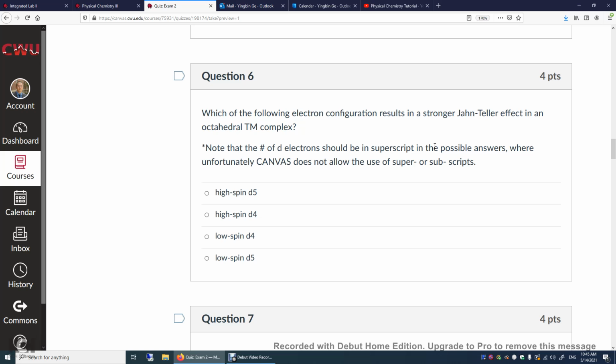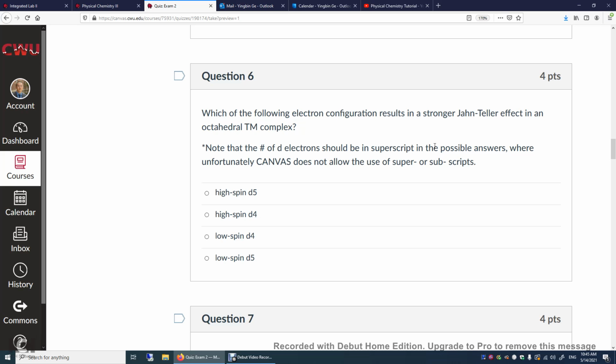Or when you have 1 or 2 or 4 or 5 electrons in the t2g orbitals of an octahedral transition metal complex, you have a weak Jahn-Teller effect. This is because the ligands are pointing directly to the dz squared and dx squared minus y squared orbitals.